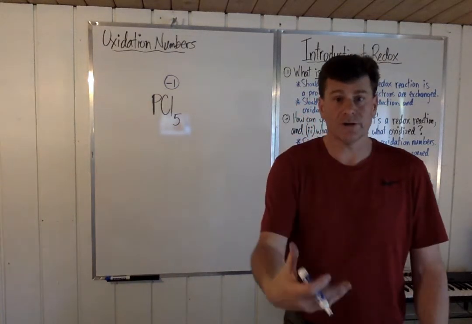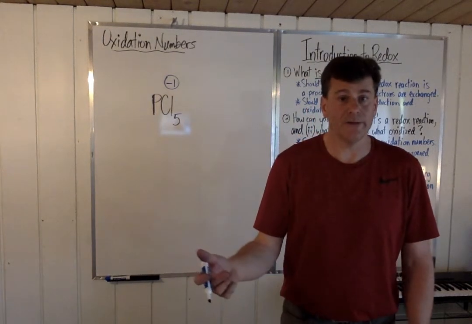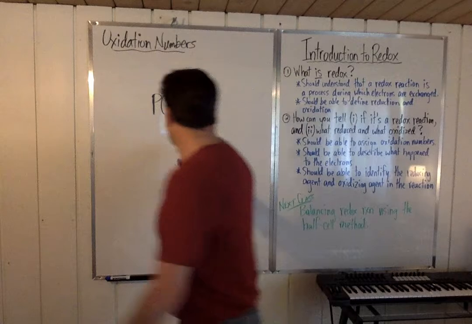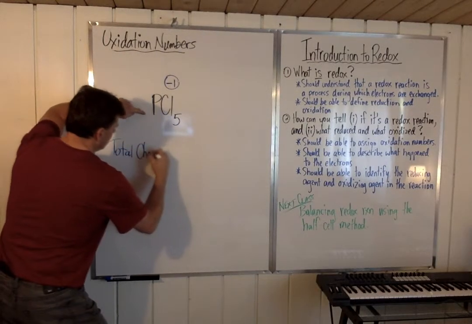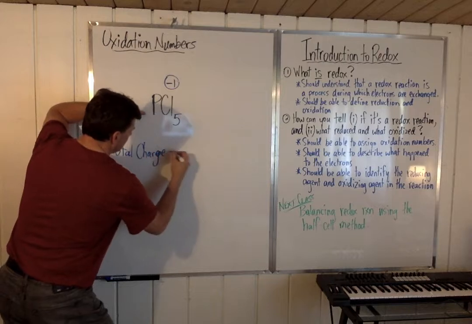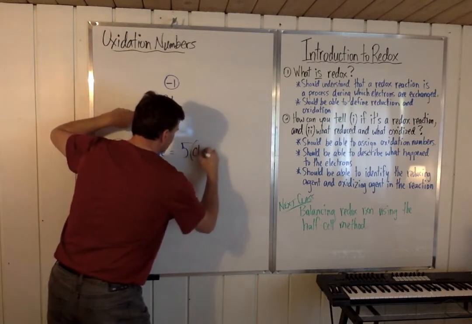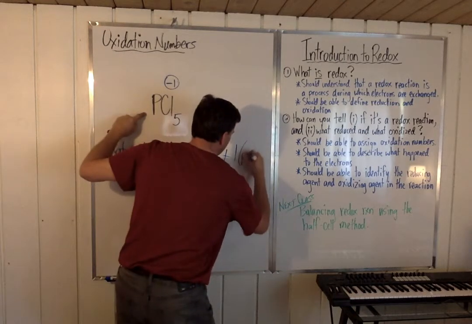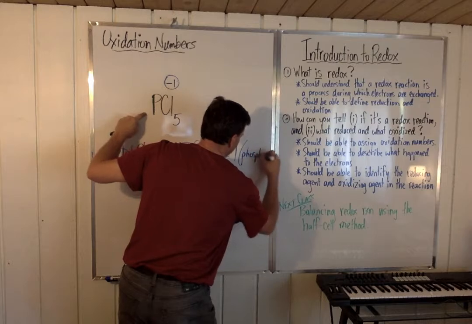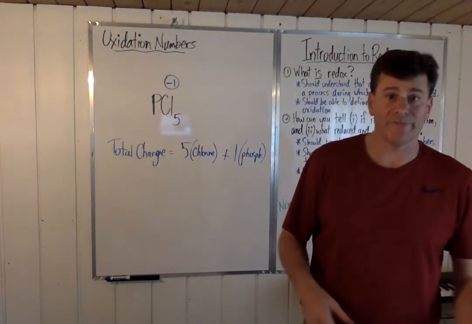So the charge due to the chlorines would be 5 times -1. So it's almost like you say, well, the total charge equals 5 times the chlorine plus 1 times the phosphorus. Because you've got five chlorines and you've got 1 phosphorus.